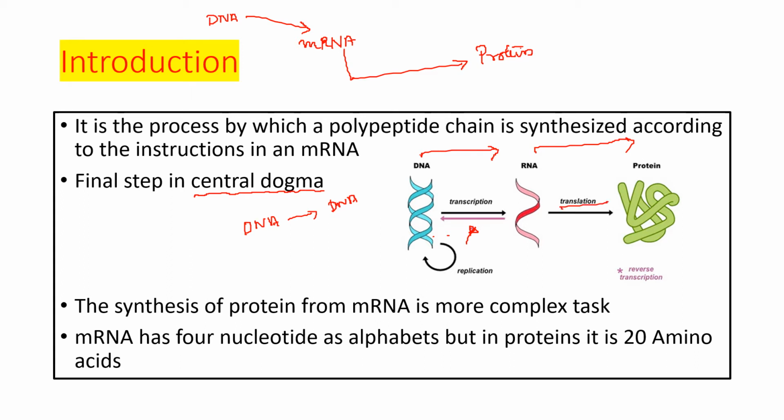The synthesis of protein from mRNA is more complex because we know that mRNA has four nucleotides, that is A, G, C and U. But when you compare it with the protein, you can see 20 different amino acids there, not nucleotides. So nucleotides have to be changed to amino acids.